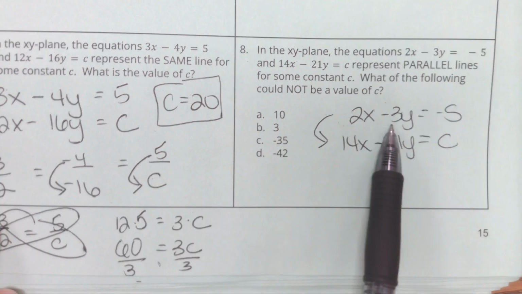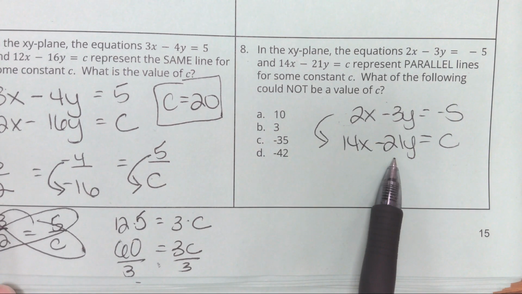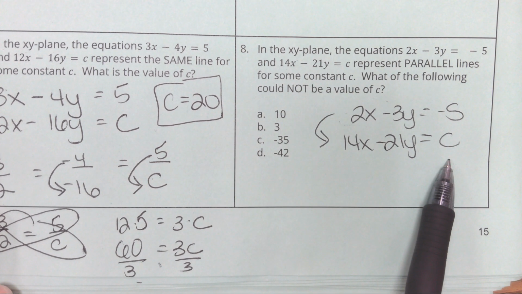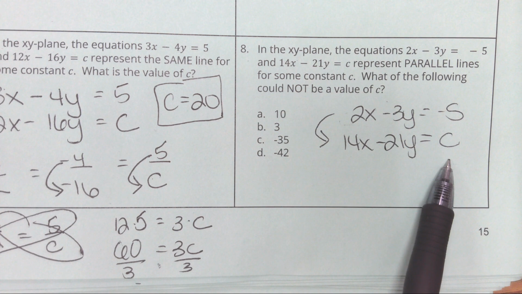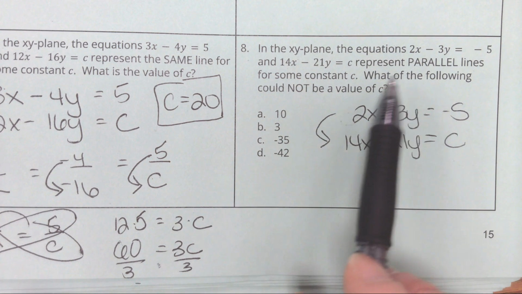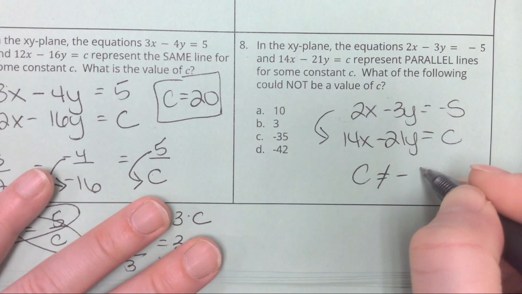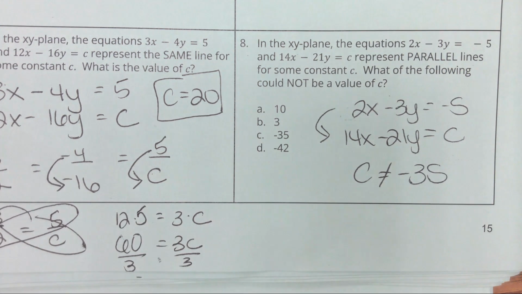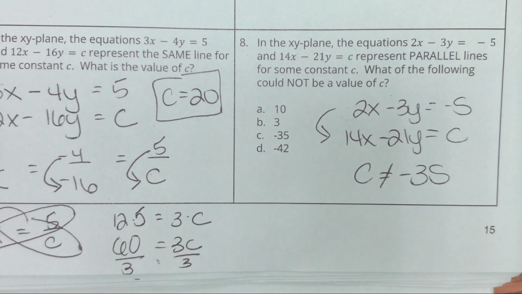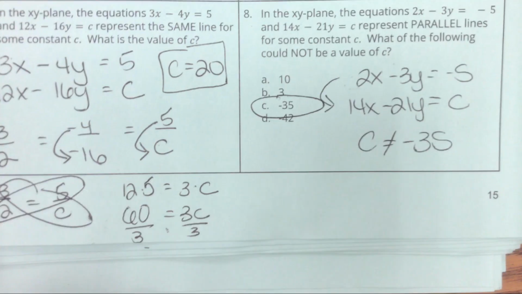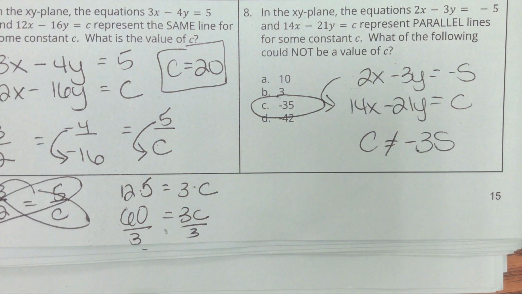Negative 3 times 7 would give me the negative 21. And you're right, negative 5 times 7 would be negative 35. So that's what c would have to be to be the same line. So if I said, which of the following could not be c here, if they're parallel, that's the only thing it can't be. It can't be negative 35. So it would be letter C.